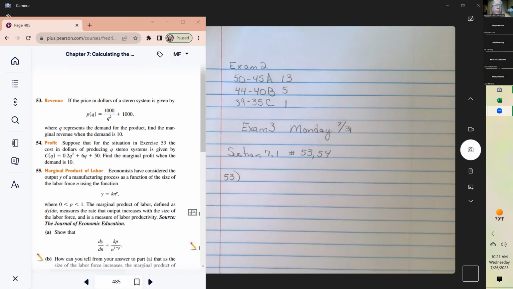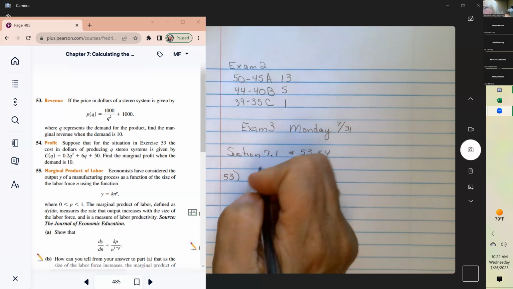Number 53, if the price in dollars of a stereo system is given by P of Q equals 1,000 divided by Q squared plus 1,000, where Q represents the demand of the product, find the marginal revenue when demand is 10. Marginal revenue, marginal means derivative of the revenue, which we don't have revenue.